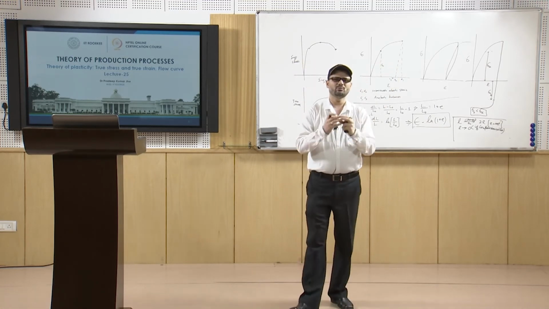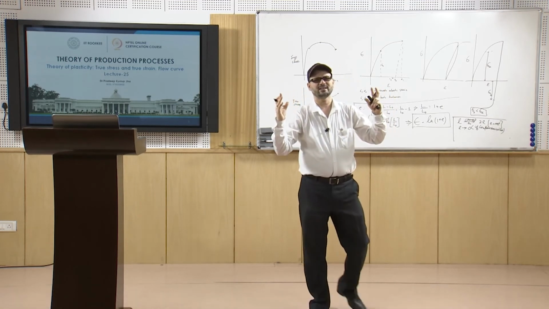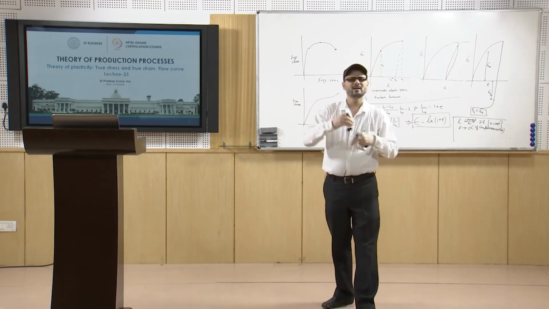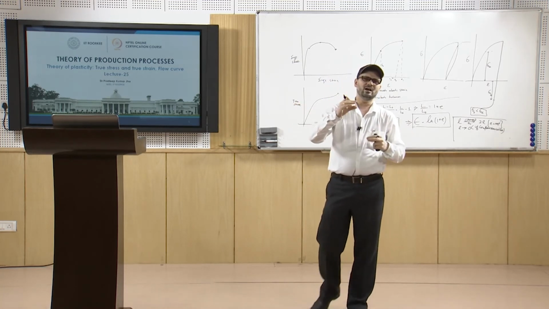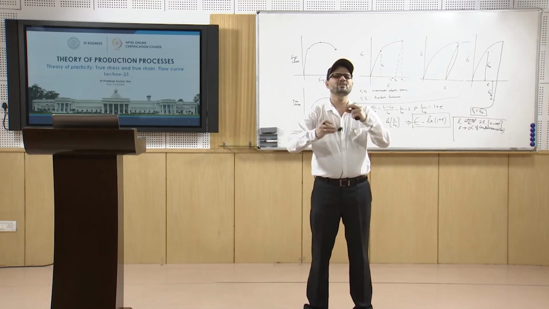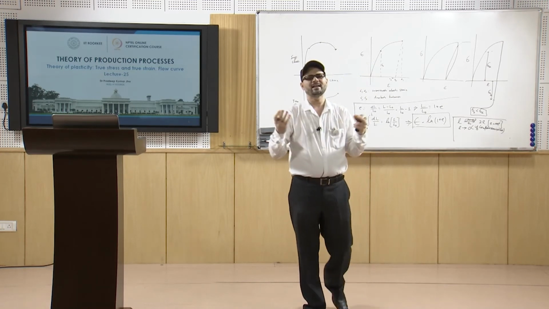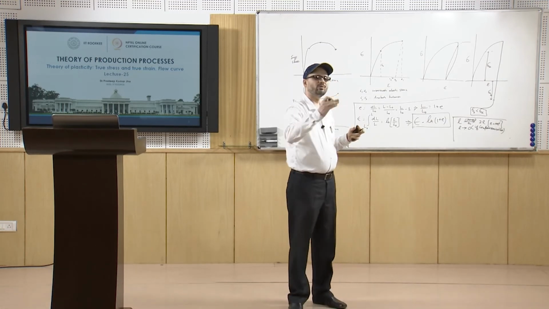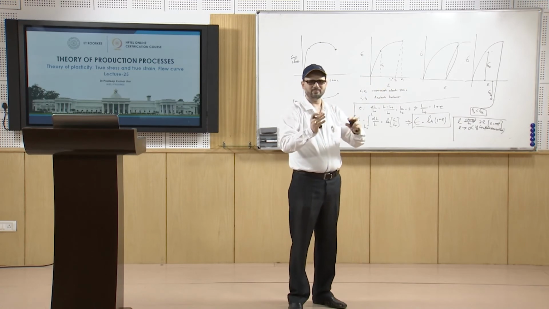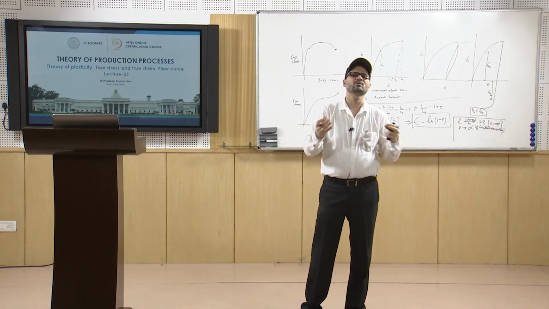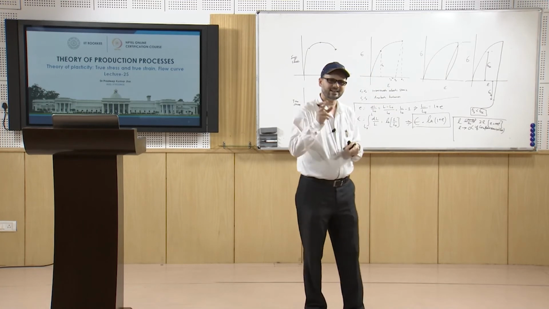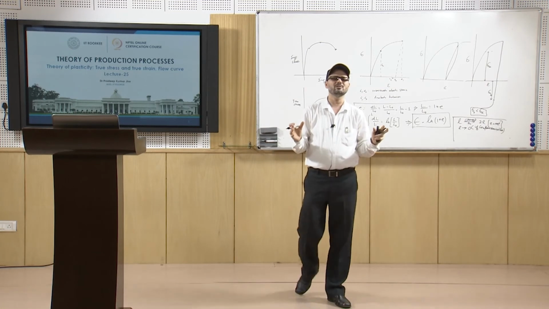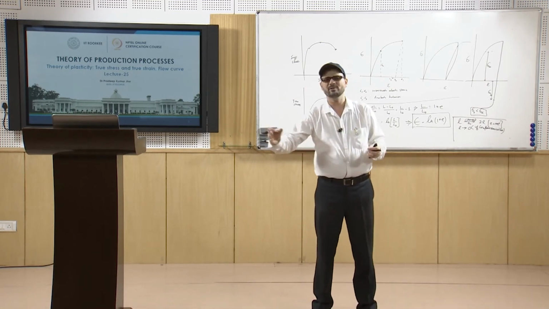Suppose a length of 50 millimeter is changed to 55, so strain is 0.1, then further 55 to 60.5, so again strain will be 0.1. If you add them, the sum of these strains will not be equal to the total strain, whereas in the case of true strain, the total strain will be the same as the sum of all these incremental strains.